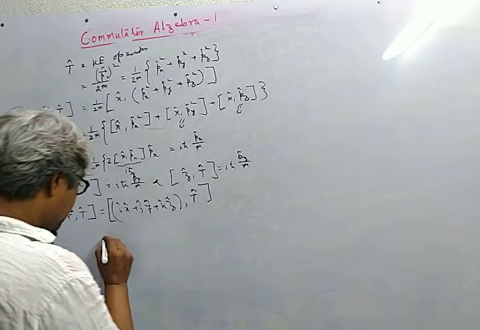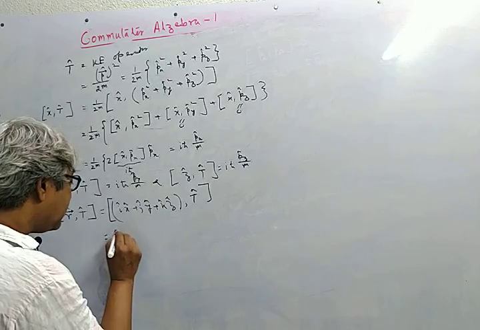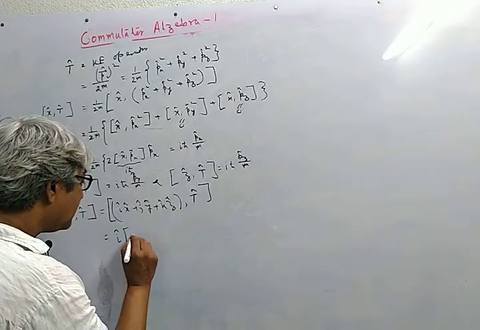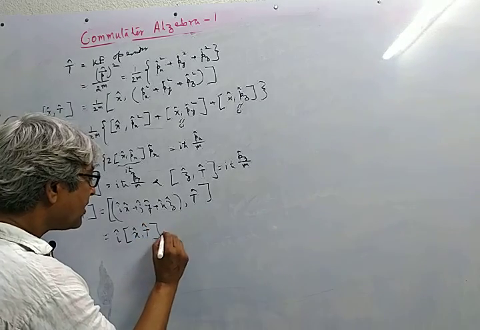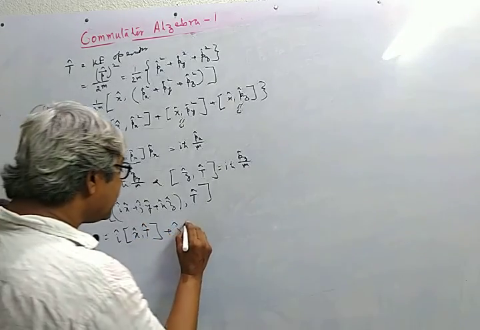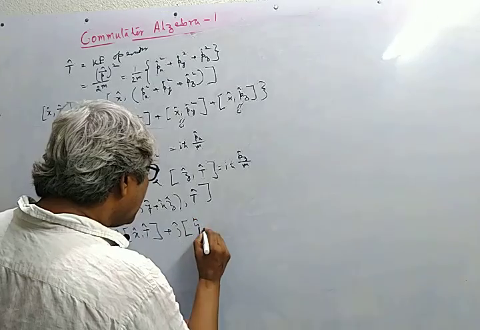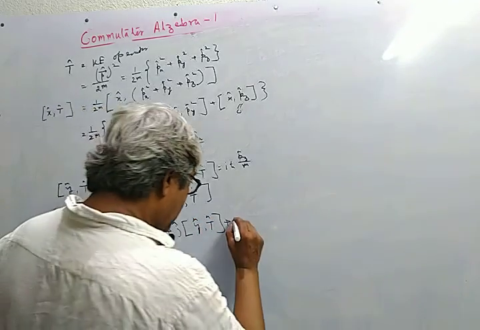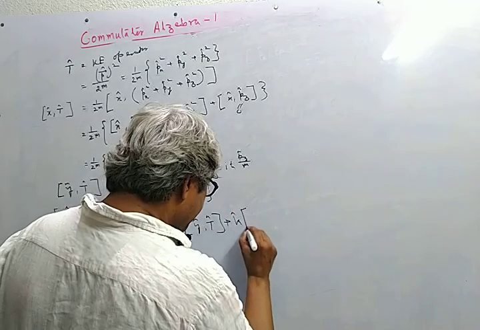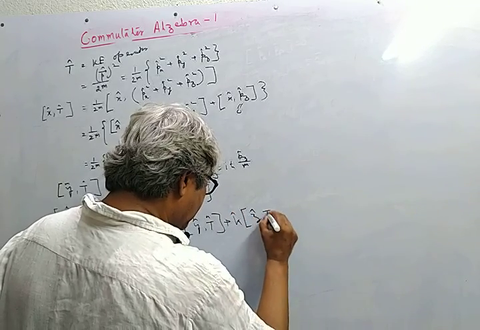So this can be written as i cap, the unit vector, [x, T] plus j cap [y, T] plus k cap [z, T].